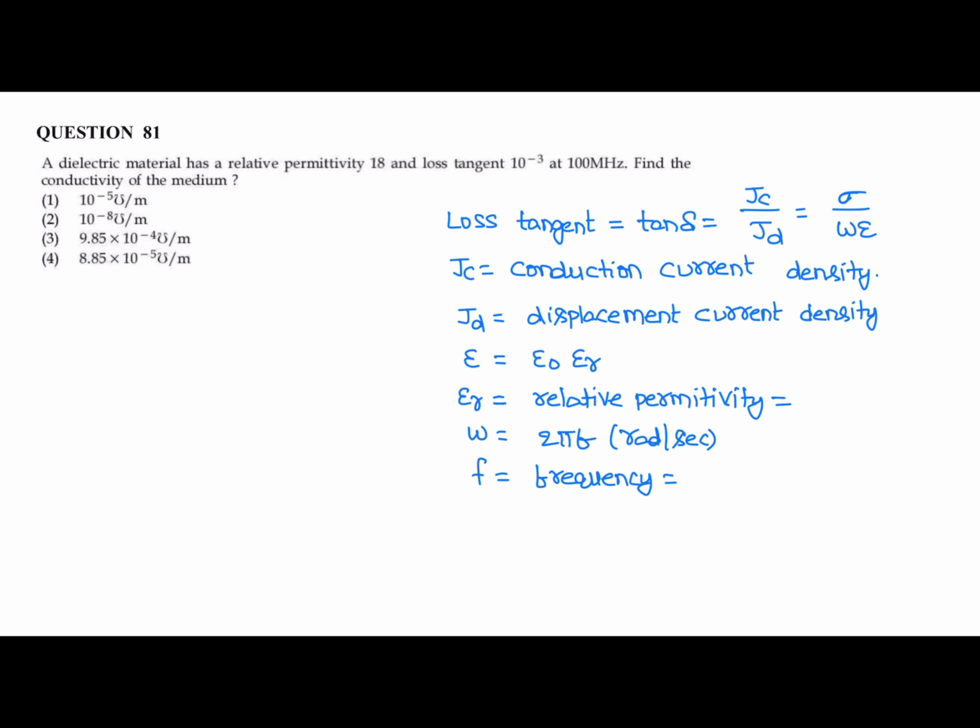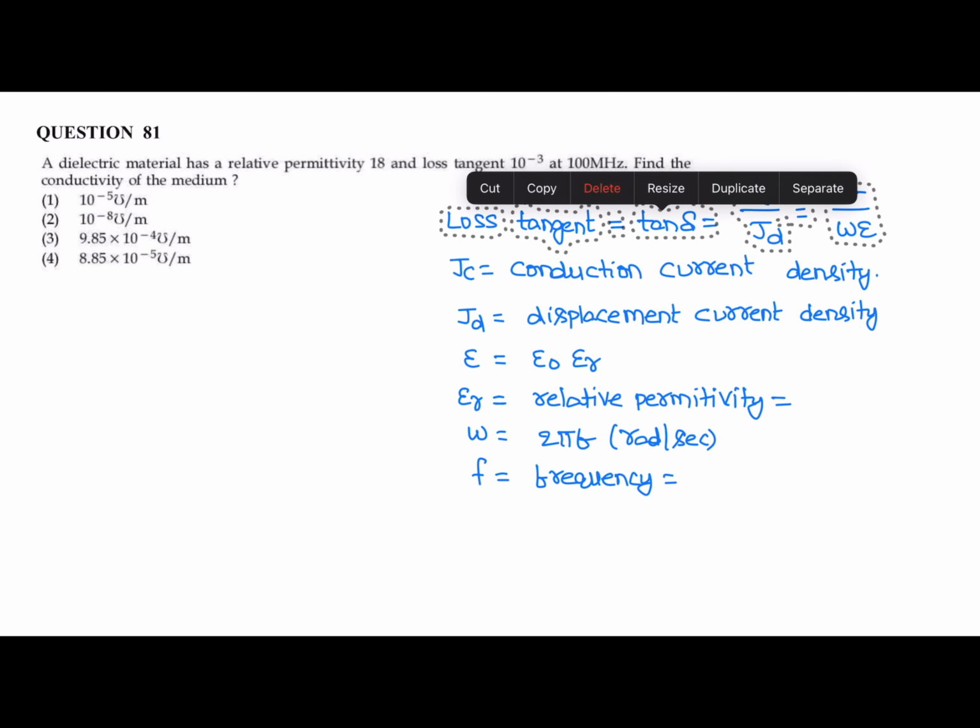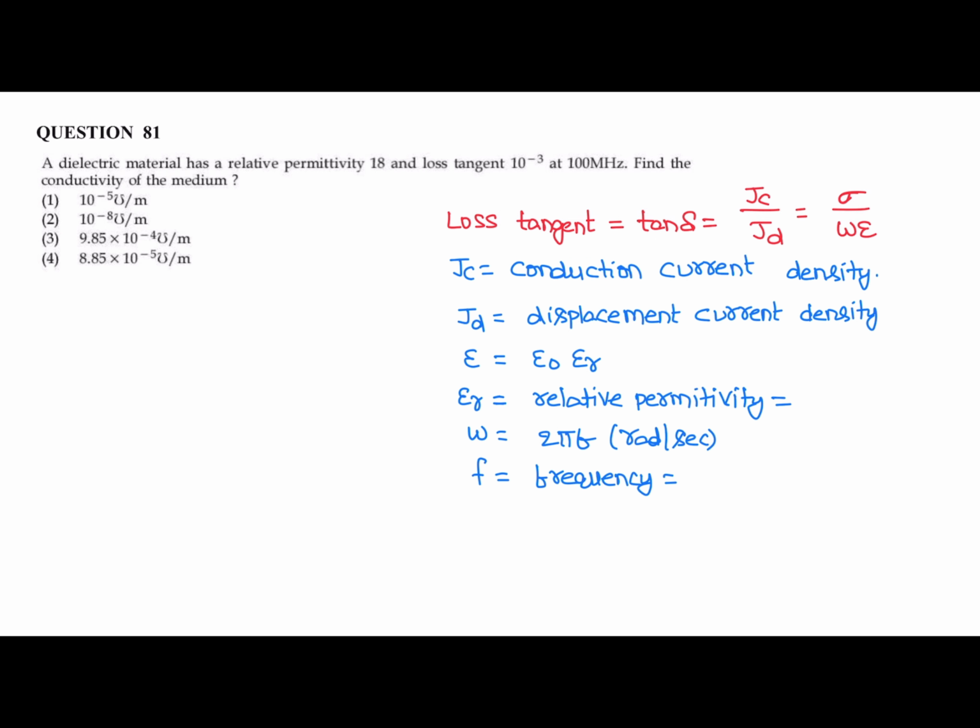Next question: a dielectric material has a relative permittivity of 18 and loss tangent of 10 power minus 3 at 100 megahertz. Find the conductivity of the medium. We know that the loss tangent, tan delta, is equal to Jc by Jd, conduction current density to displacement current density.